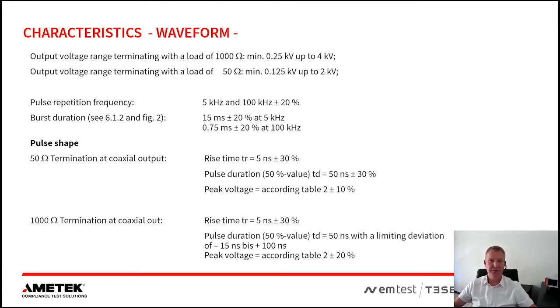The pulse shape, as said at the generator output, is still 5/50, which means 5 nanosecond rise time, 50 nanosecond duration. Both are specified with a tolerance of 30%. And with a 1000 ohm load, it's 30% for the rise time, but in a range of -15 up to +100 nanoseconds for the duration.